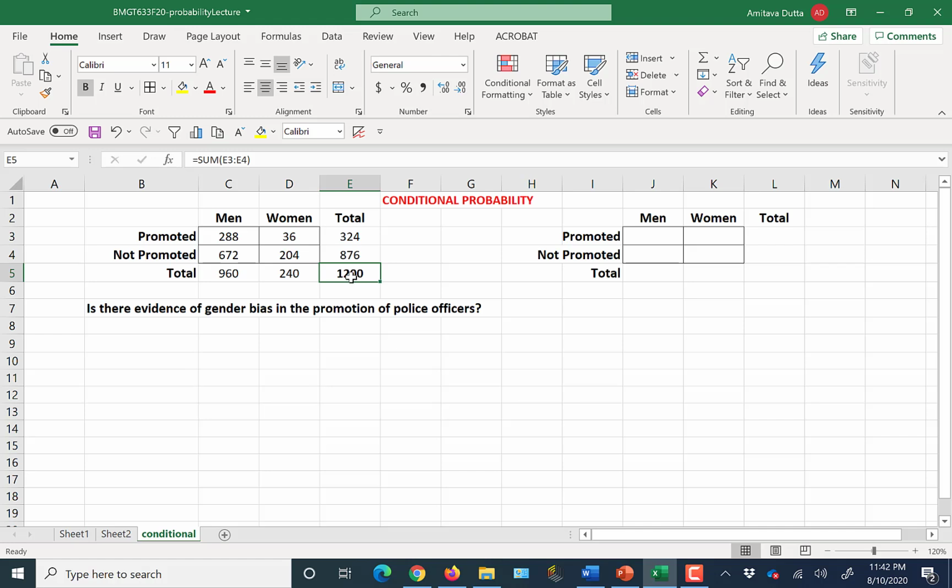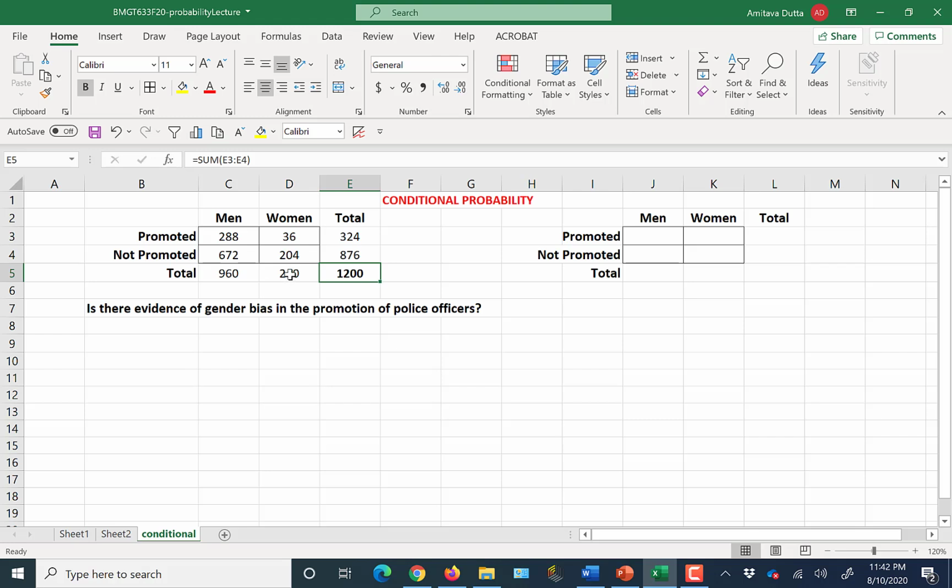Remember the concept of a sample space that we introduced when we just started talking about probability. Out of these 1,200 officers who applied for promotion, 960 were men. So this column is men, and you can see this total says 960. Out of the 1,200, 960 were men, 240 were women. If you add those two together, you get 1,200. This is the breakdown of the 1,200 officers by gender.